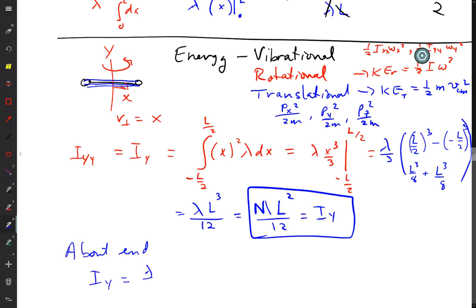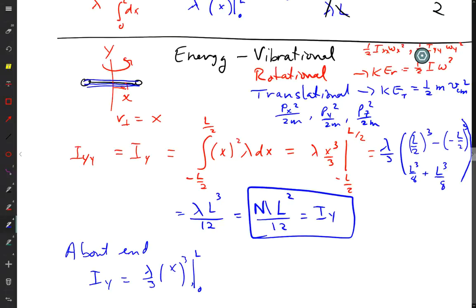it's still going to be lambda over 3 times x cubed, but now it's going from 0 to L. Well, now the lower limit's just going to give us 0, and the upper limit will give us L cubed. That wasn't x over 8, now was it? It was just x. I put that 8 in because I wasn't thinking clearly.